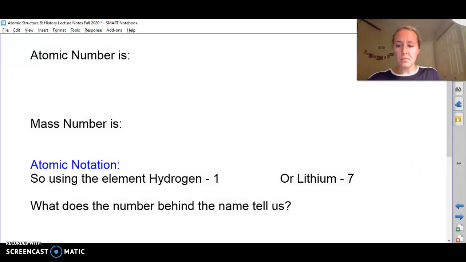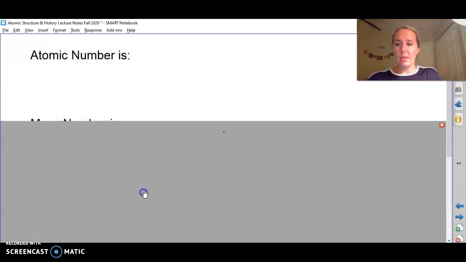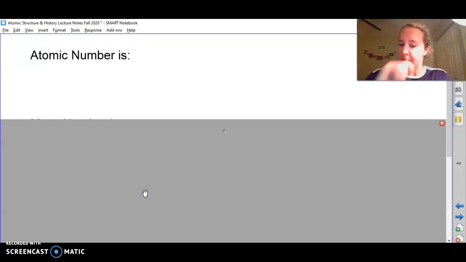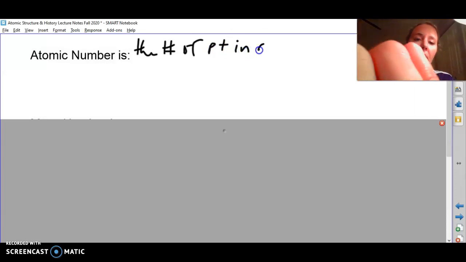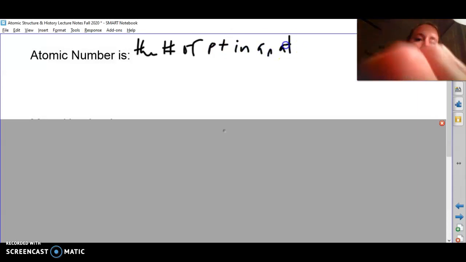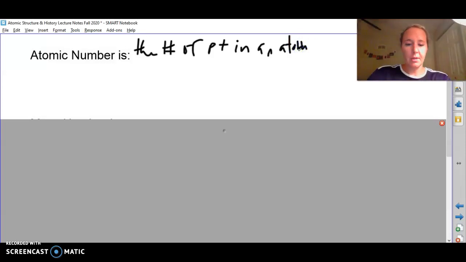And so, atomic number is the number of protons in an atom. It is important to note a couple of things about atomic number.